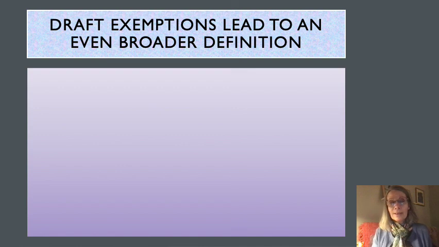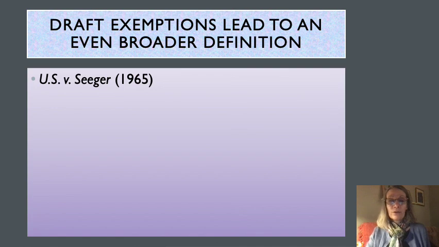The problem is that the law Congress passed in 1940 said that yes, you could get an exemption from war service for religious reasons, but it defined religion as a belief in a supreme being. So if your religion didn't recognize the existence of a supreme being, you would not be eligible for an exemption from the draft. And that's the question that came to the court in U.S.